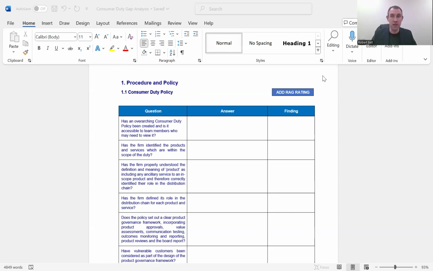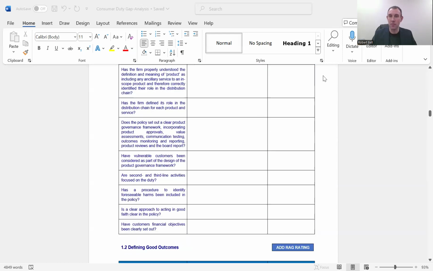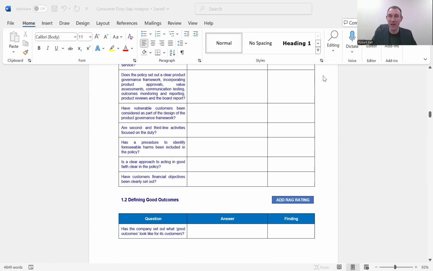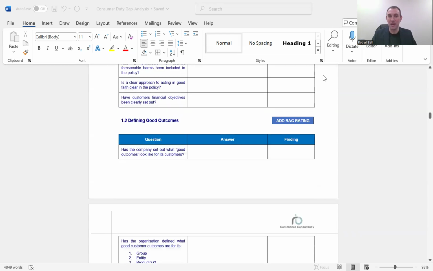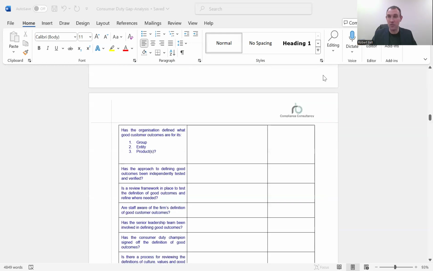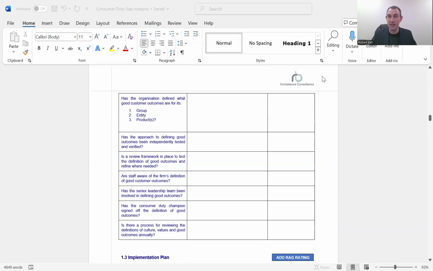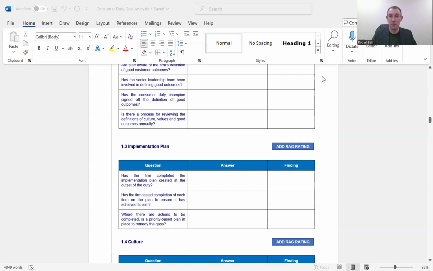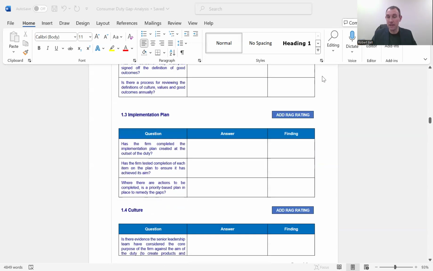So we've reviewed it, made sure it's in line with all of the recent feedback, and it's a great starting point just to check how well you have implemented the duty. So you basically run through the checklist, answering the questions, seeing if there's any gaps, putting the finding in place, and then following that, identifying where your main actions are to improve.